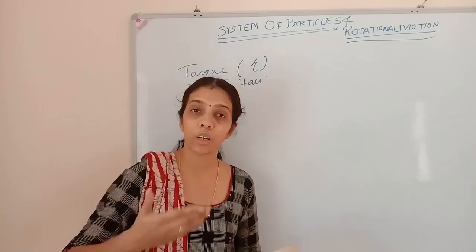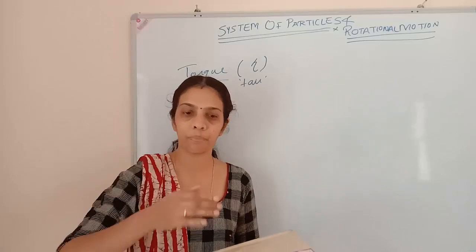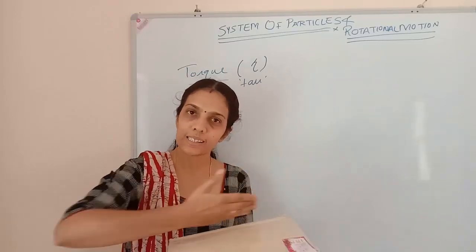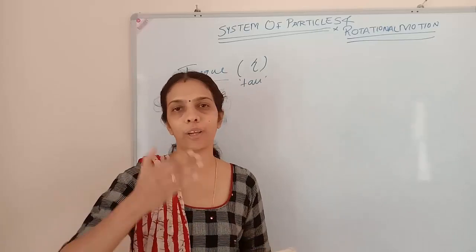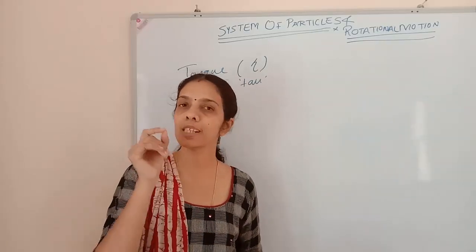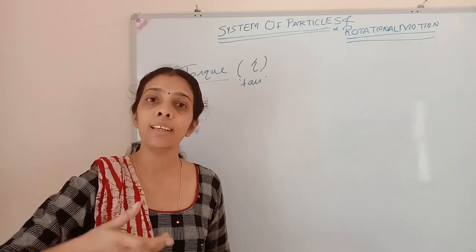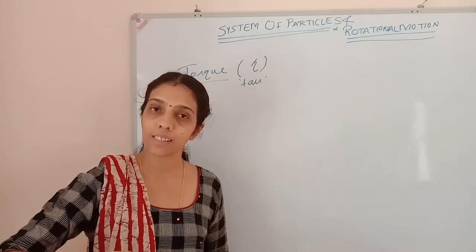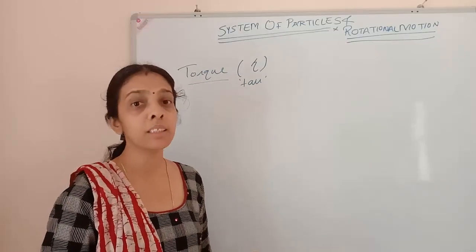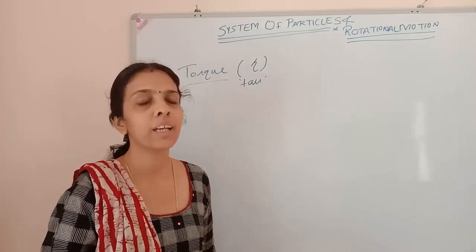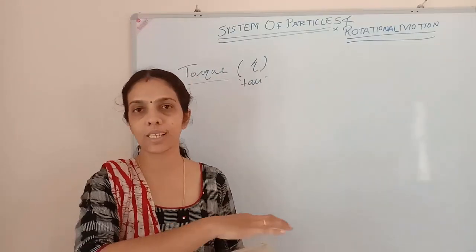So the amount of torque acting on the system depends on the distance from the hinges, from the fixed point. With respect to a fixed point, if the distance is more, then the torque acting on the system will be more for the same force, if we choose a point which is away from the fixed axis.